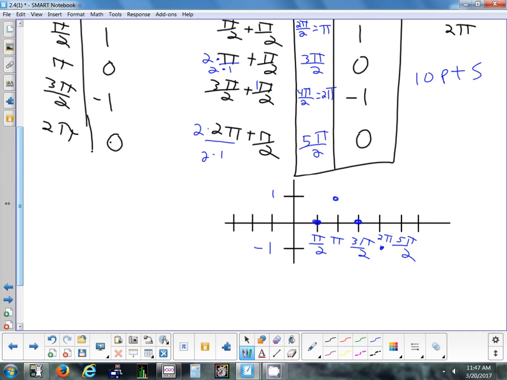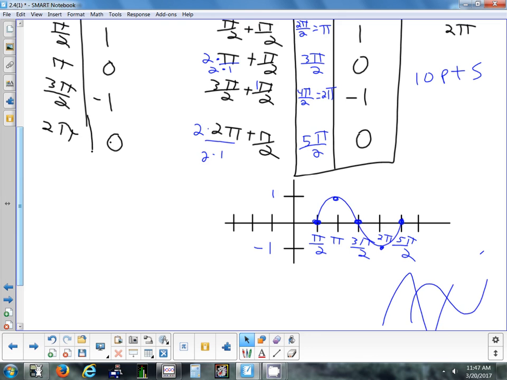And 5 pi over 2, back to 0. When you sketch it, try to make it look curved. There's no part of this graph that really turns sharply. Everything should be a nice, smooth curve. Just like that.